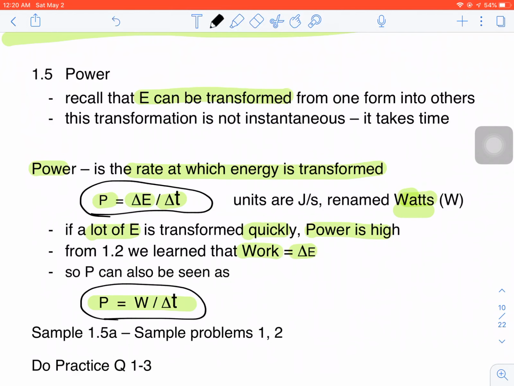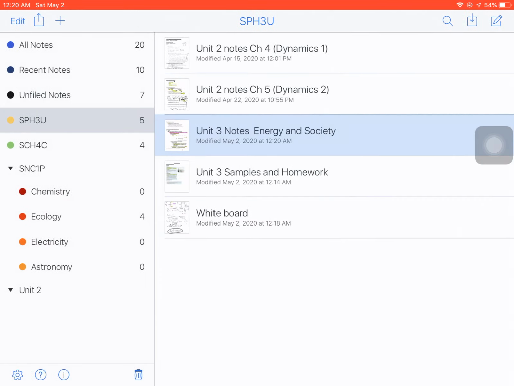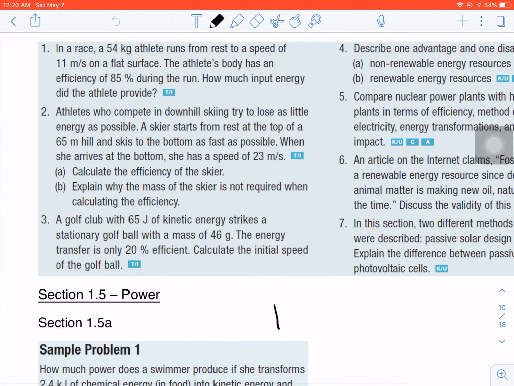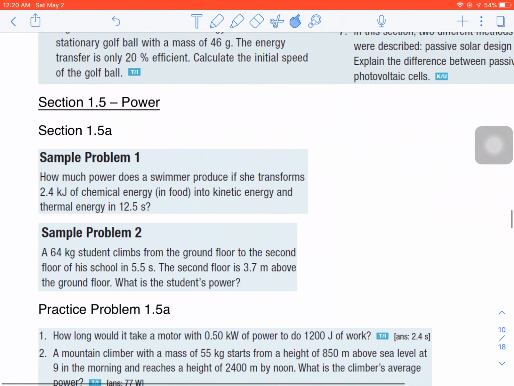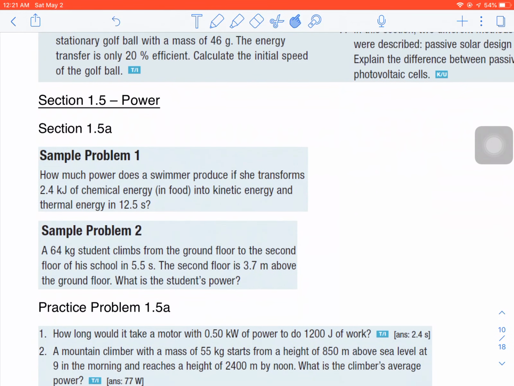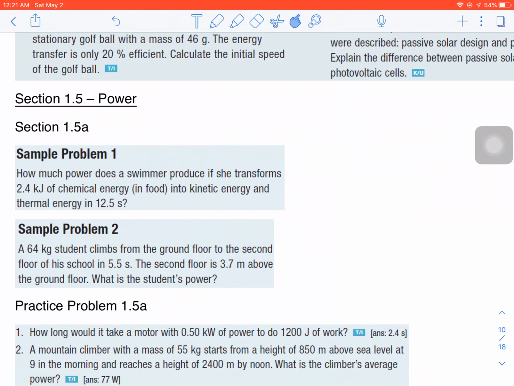So if I look at the sample for 1.5a here, there's two sample problems. First one says, how much power does a swimmer produce if she transforms 2.5 kilojoules of chemical energy, that's food, chemical energy, into kinetic energy in 12.5 seconds.